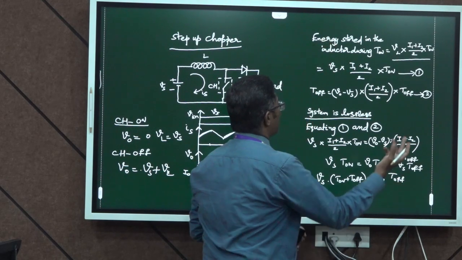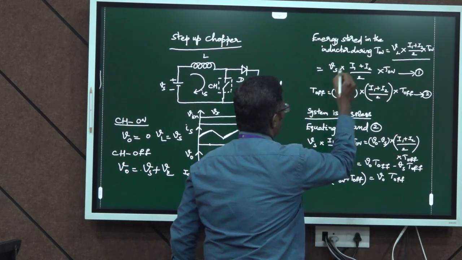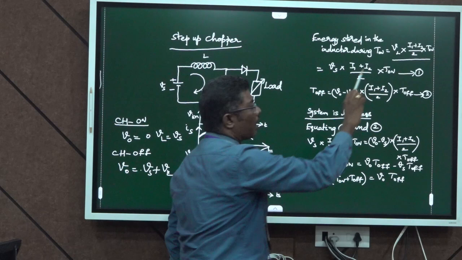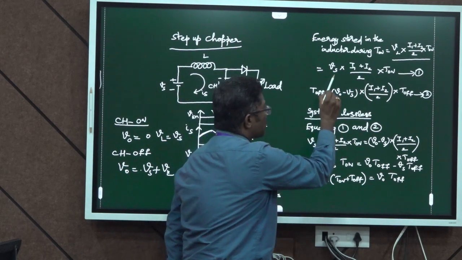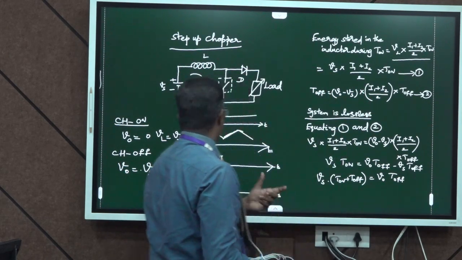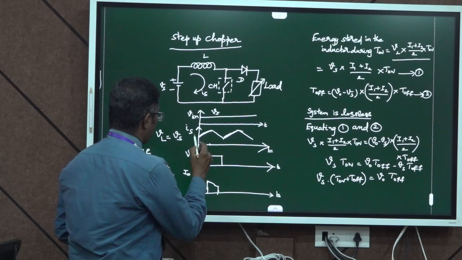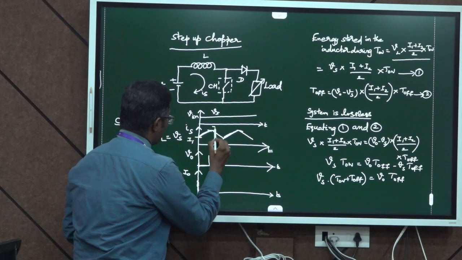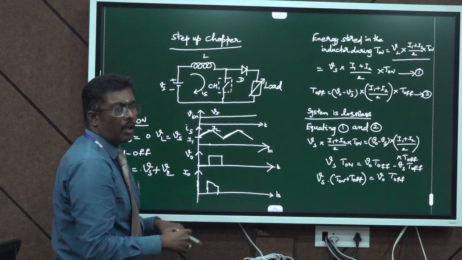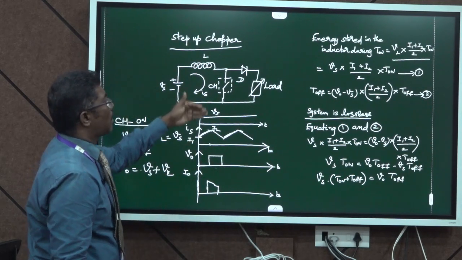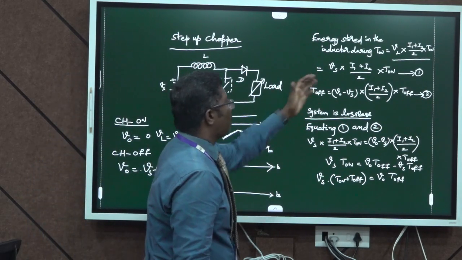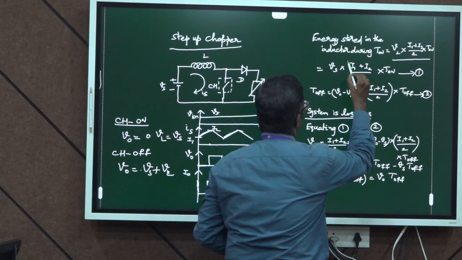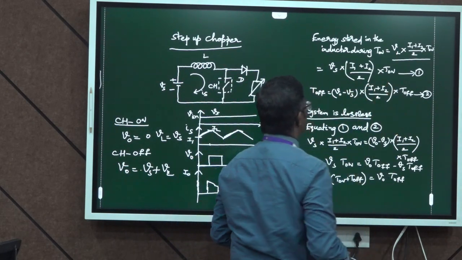So, during on time period the voltage available across the inductor will be equal to the supply voltage, and the current has two limits, the lower limit taken as I1 and the upper limit taken as I2. Between these two limits the current level is maintained in the circuit. So, I am considering the average, (I1 plus I2) by 2, into T on.